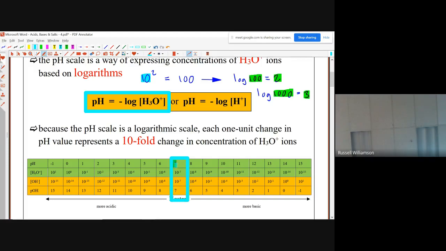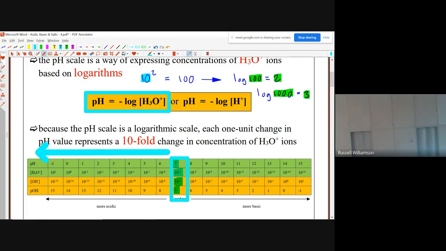But if we start with a pH of 7, that means we also have a pOH of 7. So that means that hydronium is 1 times 10 to the minus 7 moles per liter, and hydroxide is the same. It says 10 to the minus 7, but it's the same thing as 1 times 10 to the minus 7. So what I want to do, let's take a look at what happens when we go this direction here.